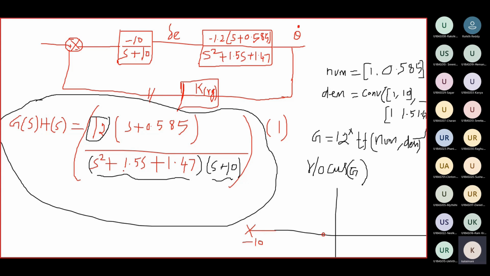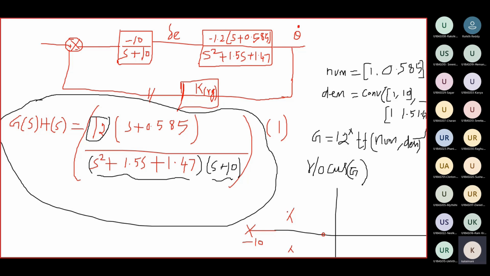Then while solving the equation s square plus 1.5s plus 1.47, we will get the poles. Maybe they are complex conjugate poles. Then we try to sketch the root locus.